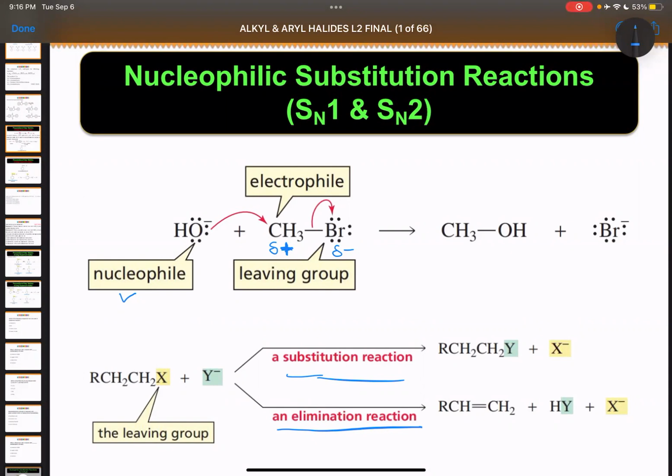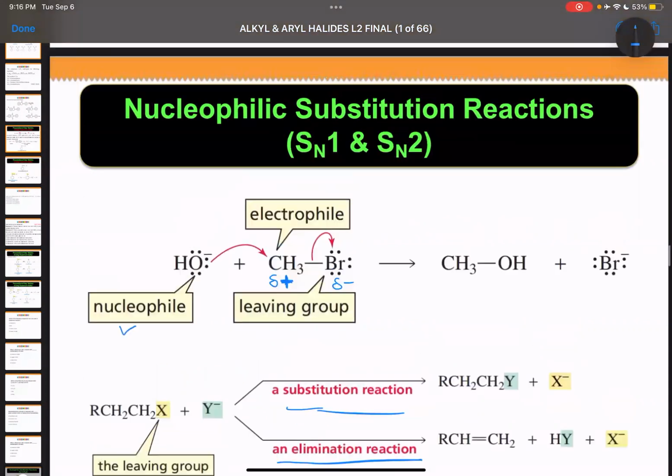Yeah, and what do you mean by elimination? Removal. Yeah, removal, but actually in organic chemistry, elimination is the removal of not a single group, but two groups, and no other group takes their place.